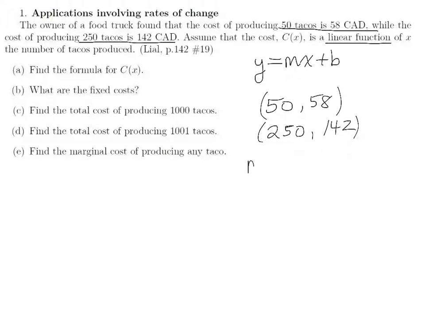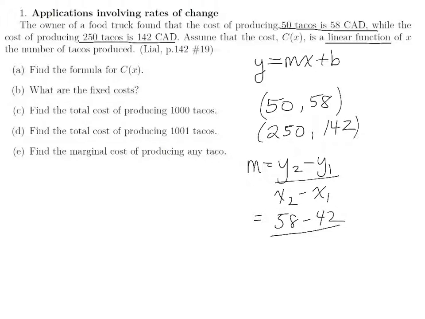The slope, remember, is rise over run, or the change in elevation over the change in distance. So we can put these two values in. We have 58 minus 142 over 50 minus 250.